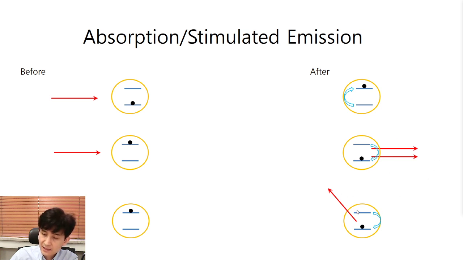So in this case, we only consider the number of atoms in the ground state increased by 1, while the number of photons along a certain propagation direction is not increased. That's the physical picture of spontaneous emission of light from an atom.